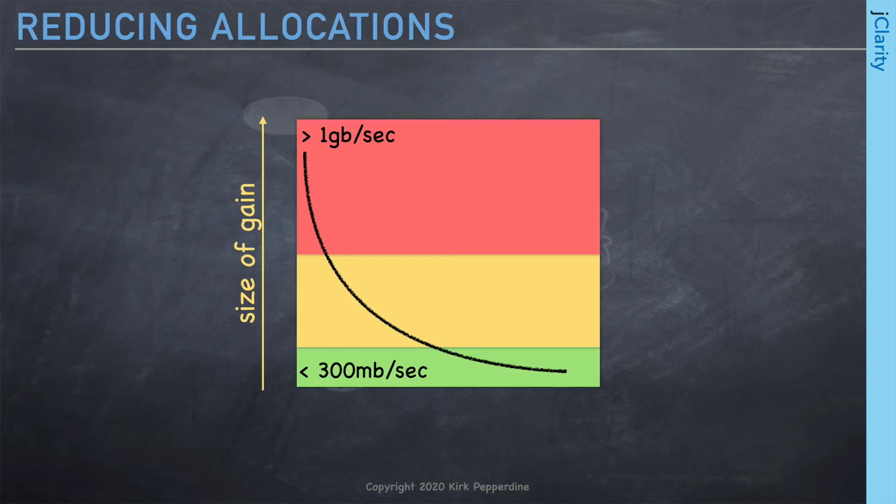So what are the rates that we're trying to look for? Well, here's a little chart. This is a little bit done by experience. And this is what we see, that the size of the gain is basically on some form of a power curve, and if you're above 1 gig per second, you have good opportunities to reduce the allocation rates and get some significant improvements in performance.